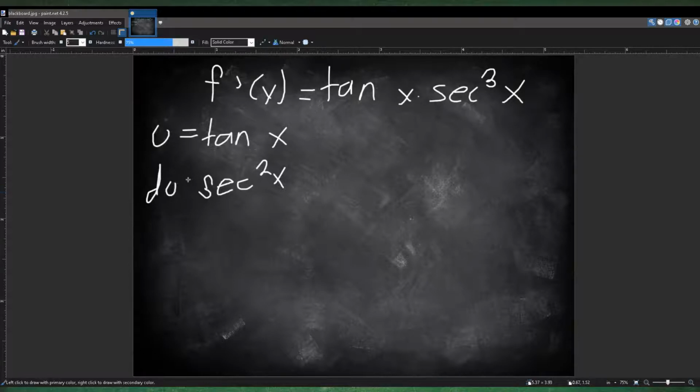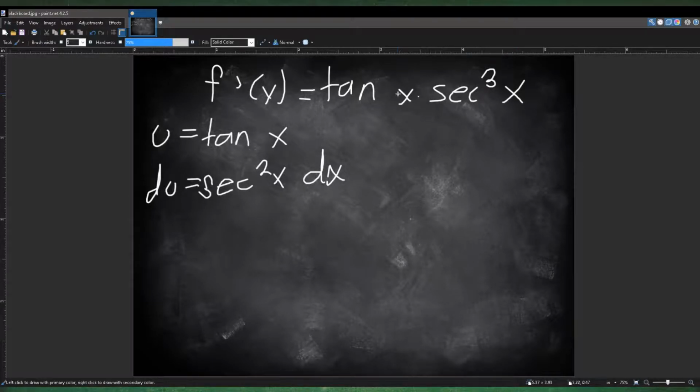Would that be helpful here? Well, if we take the integral of this, we need to take out some pieces. So we take out the u because we substitute that in, and we take out the secant squared of x, which leaves us with the secant of x. So that doesn't really help us.